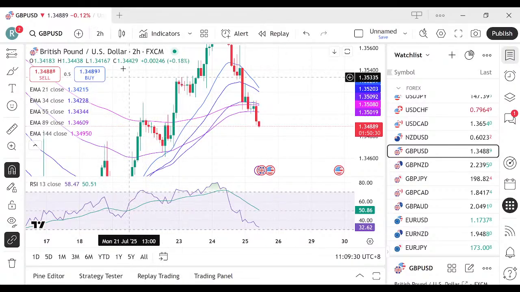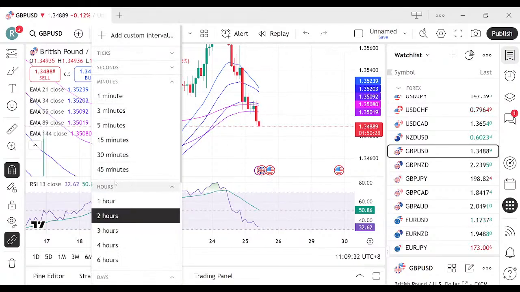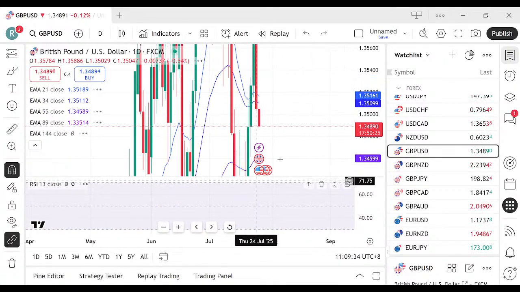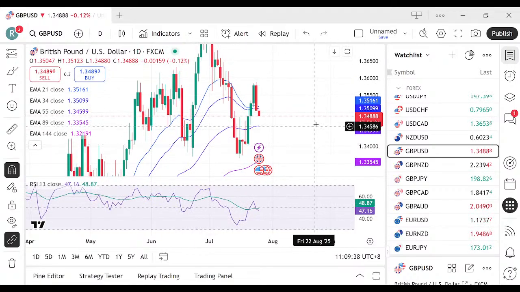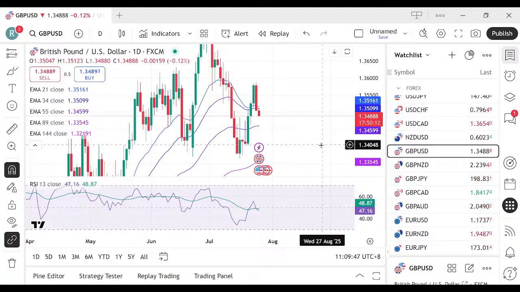But on the daily target, we can also see around 34.60. That would be your daily target, or further down towards 34 or extension of this level.